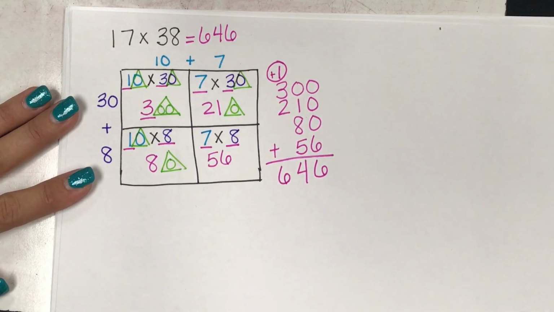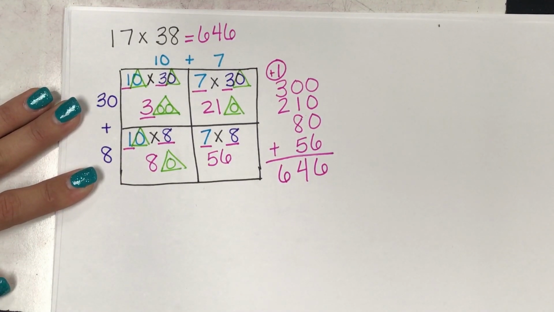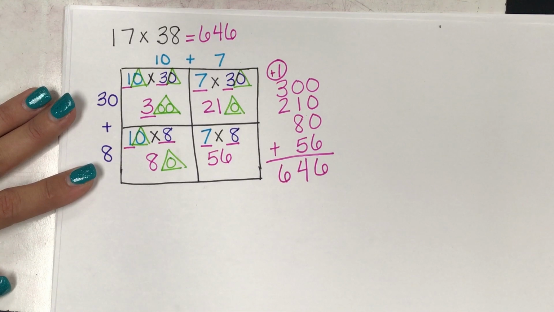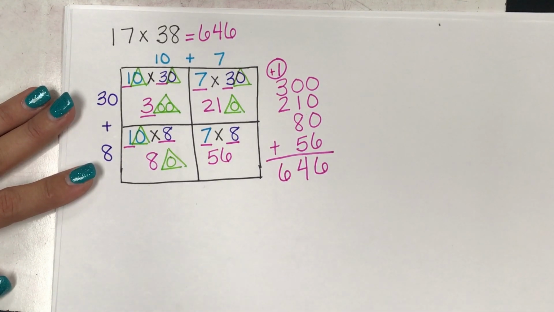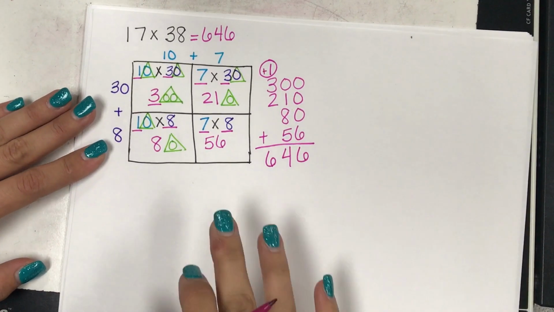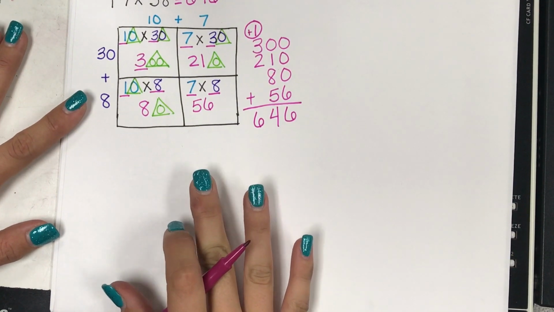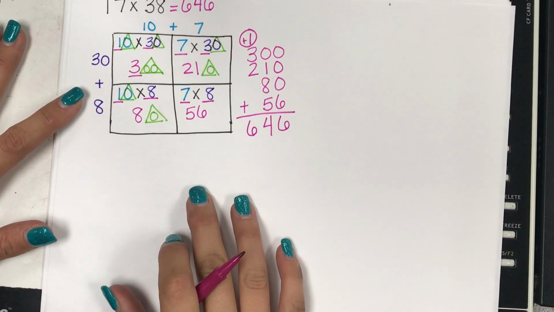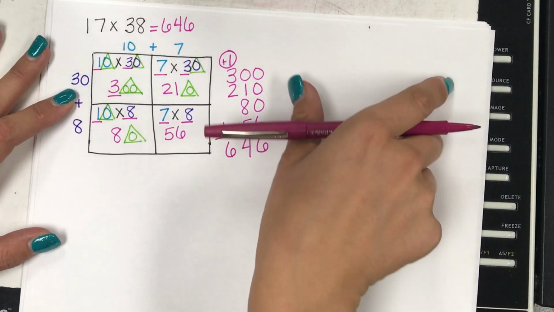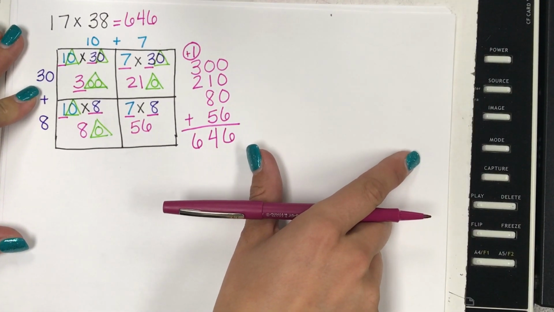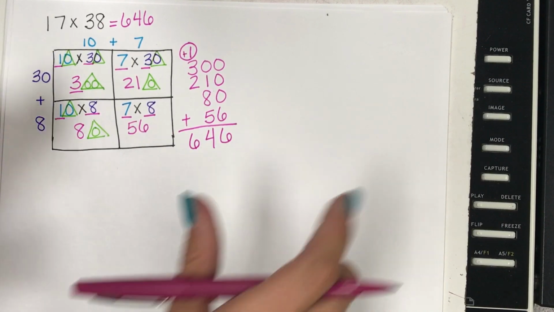Can I add another strategy for you? Super fast. Okay. Now, I would like you to write this. I am going to do the same problem, but I'm just going to scoot over to this right side and I'm going to do it a little bit different.